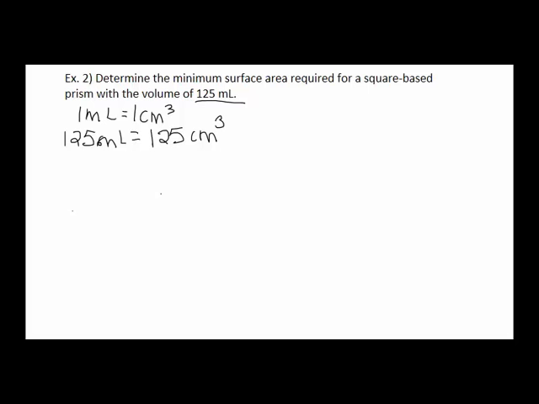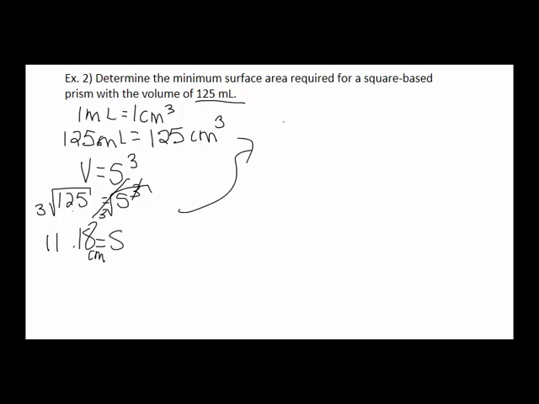Here's the formula for the optimal volume, which is volume is equal to s cubed. Let's plug in our value of 125 for our volume. Now if we take the cube root of both sides, these will cancel out, and we're left with 11.18 centimeters is equal to our side length.